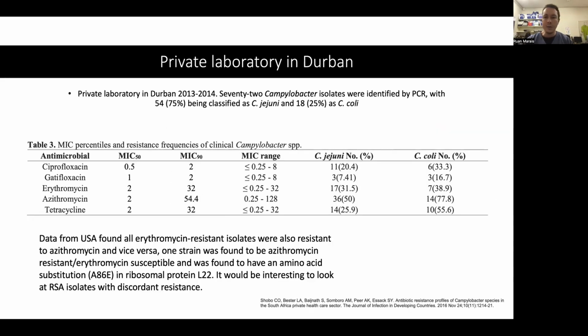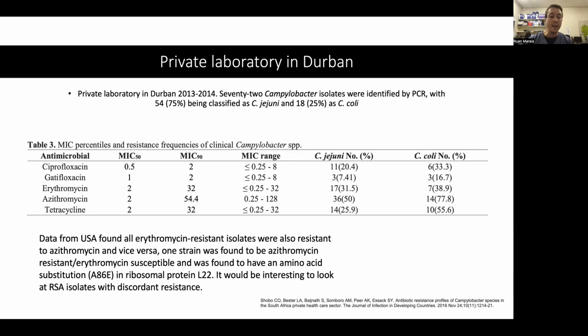And again to ciprofloxacin, but also surprisingly higher resistance for erythromycin and azithromycin, and I'm uncertain as to why that would be. What is quite interesting is that a paper looking at azithromycin compared to erythromycin resistance in the USA found that there tended to be correlation as opposed to what we're finding here in South Africa.